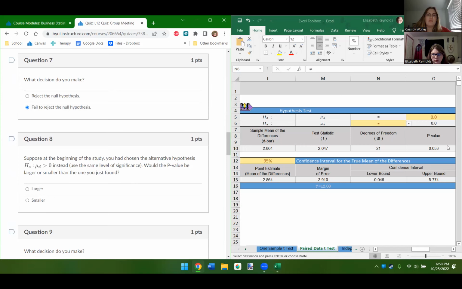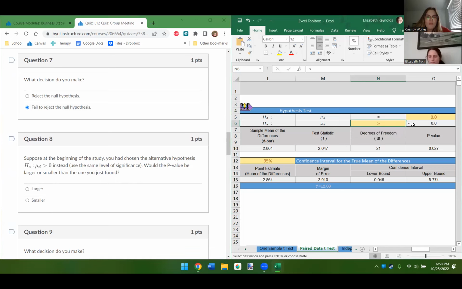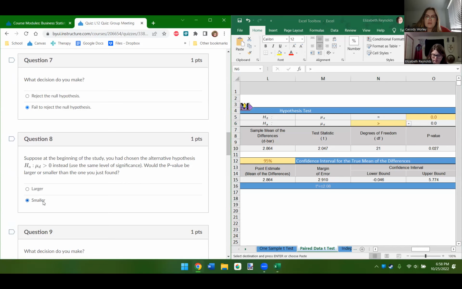It would be smaller, wouldn't it? Because it would cut it in half. Yeah, because that would be a one-tailed test. Check that out. It's almost perfectly in half. And then you'd reject this one.